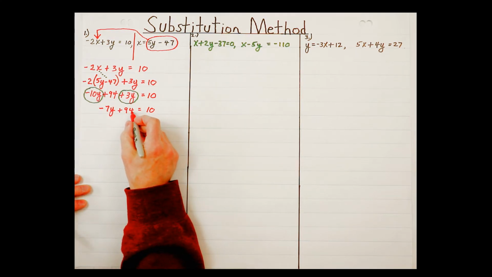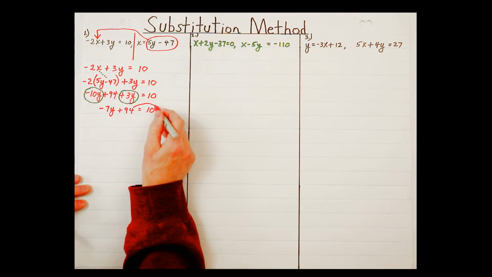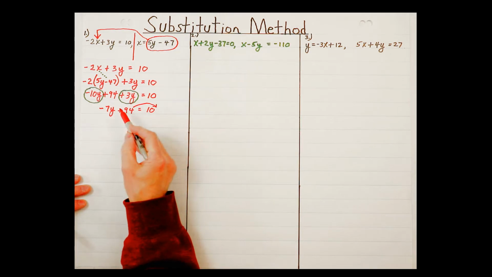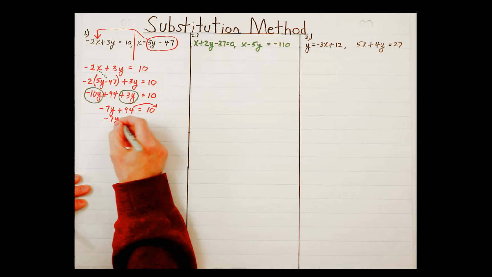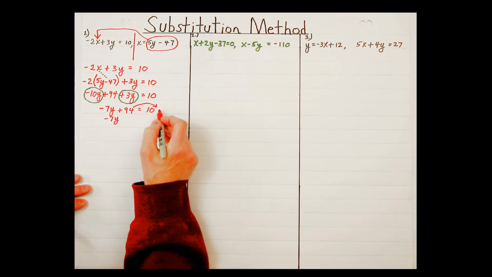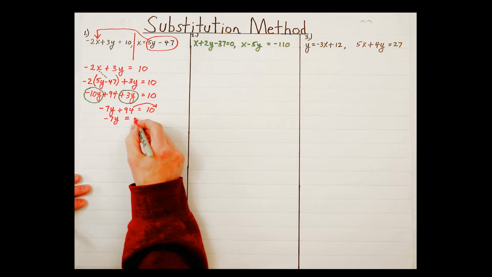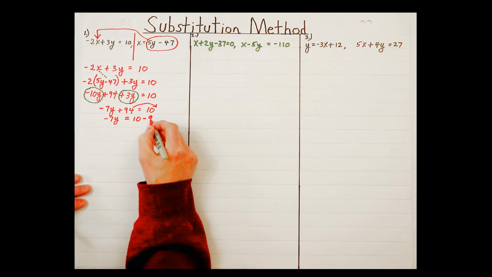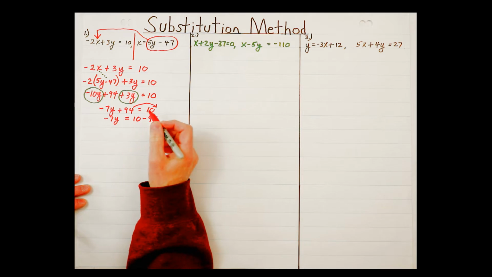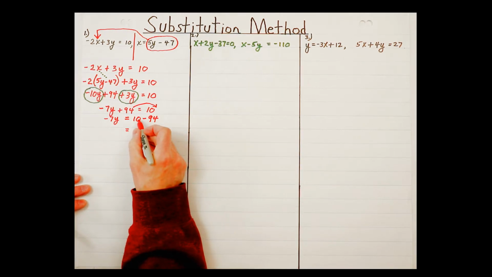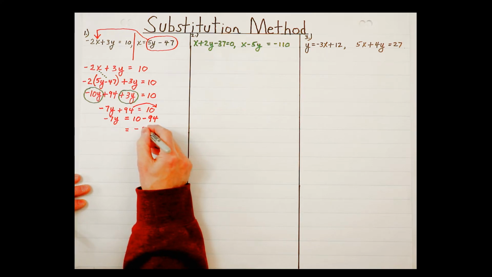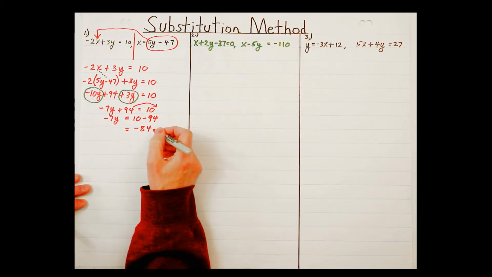So we have plus 94, we have to move this over here. Opposite operation. The shortcut for opposite operation is when you bring the 94 across the equal sign, it changes to minus 94. Remember? Equals 10 minus 94, which is negative 84.